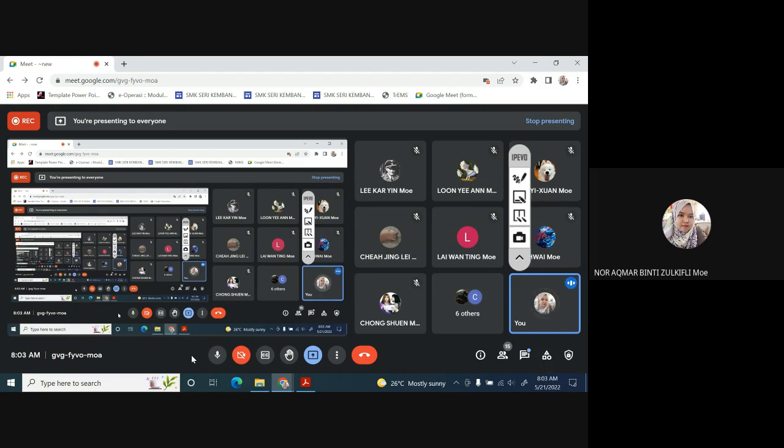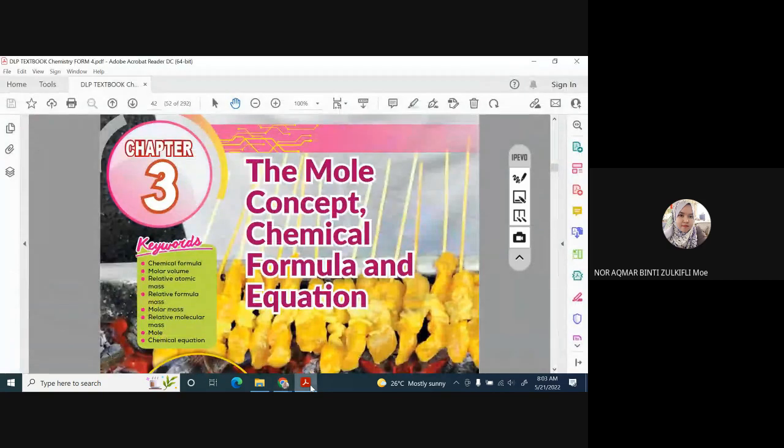So let's look at chapter 3. Today we are going to discuss the mole concept, chemical formula and equations. Between chapter 1 and chapter 2, chapter 3 is the most detailed about chemistry.